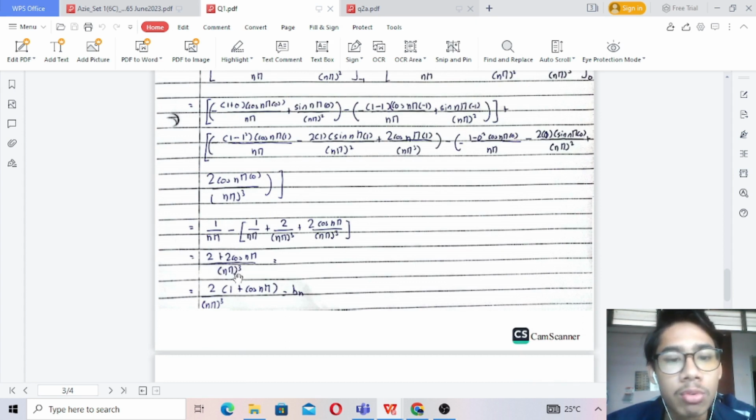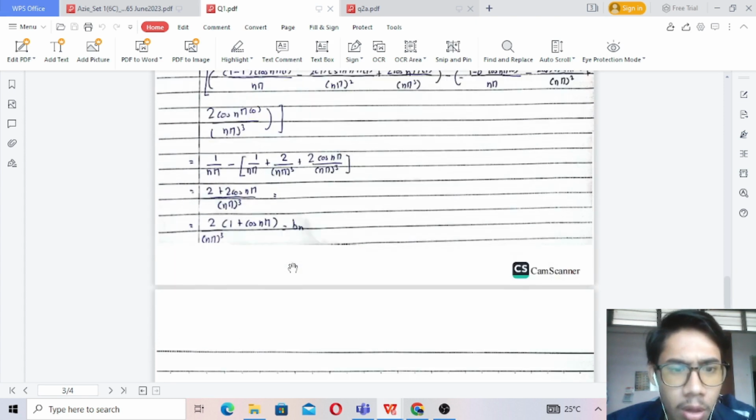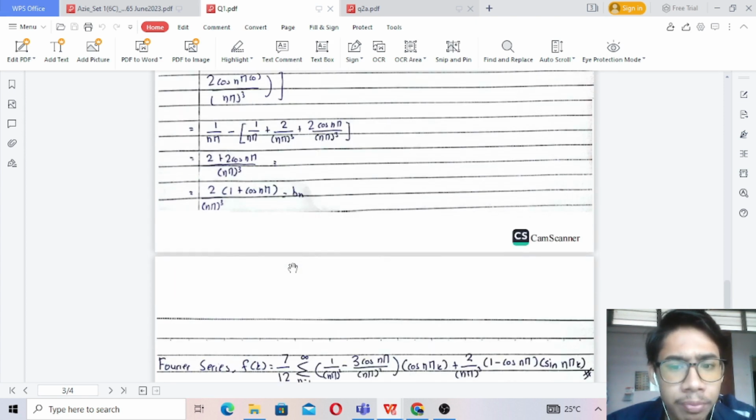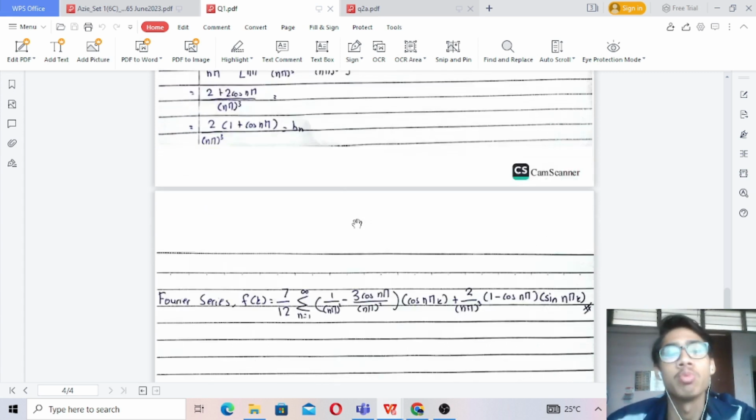But we have to simplify it. So we get 2 over n pi cube, 1 plus cos n pi, equals to bn.